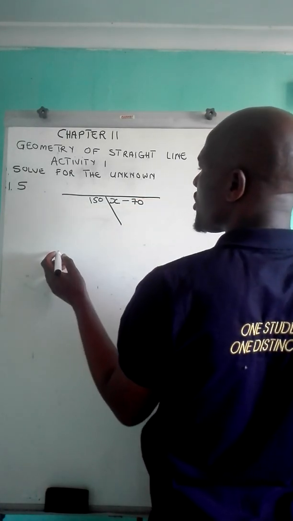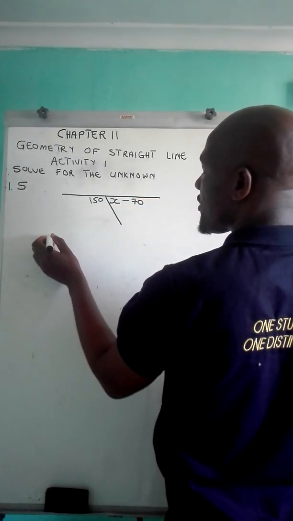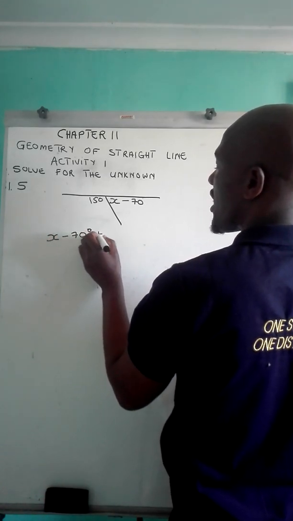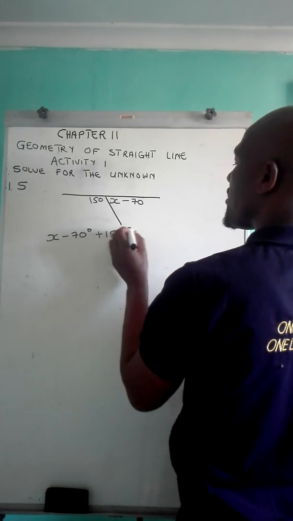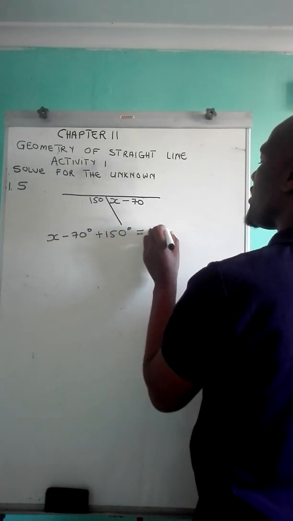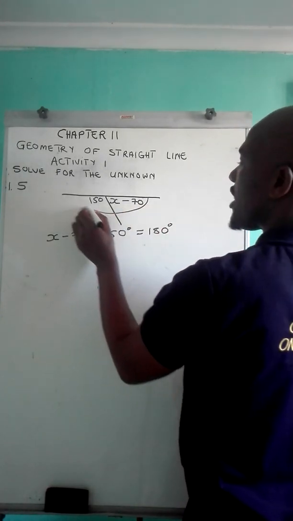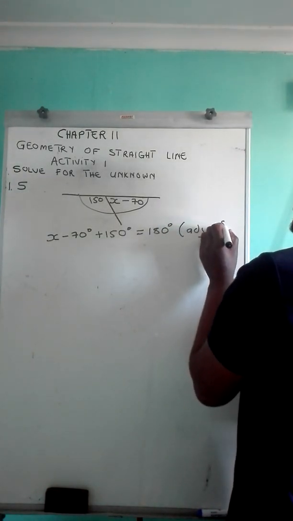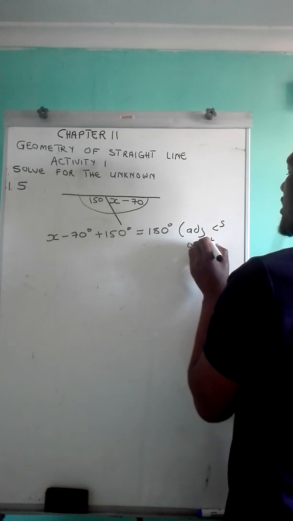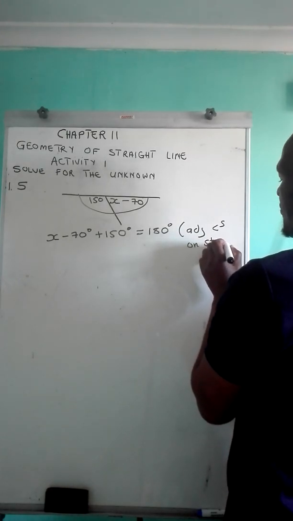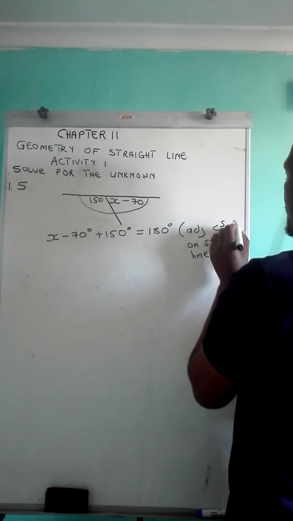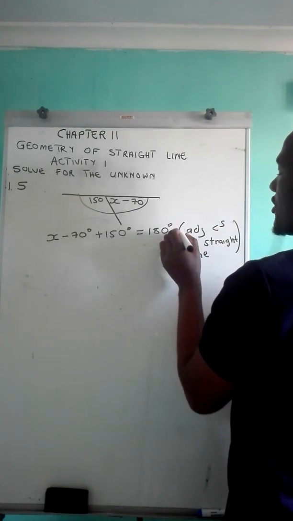Now what we need to do is write x minus 70 plus 150 equal to 180 degrees, because these are adjacent angles on a straight line. On a straight line.